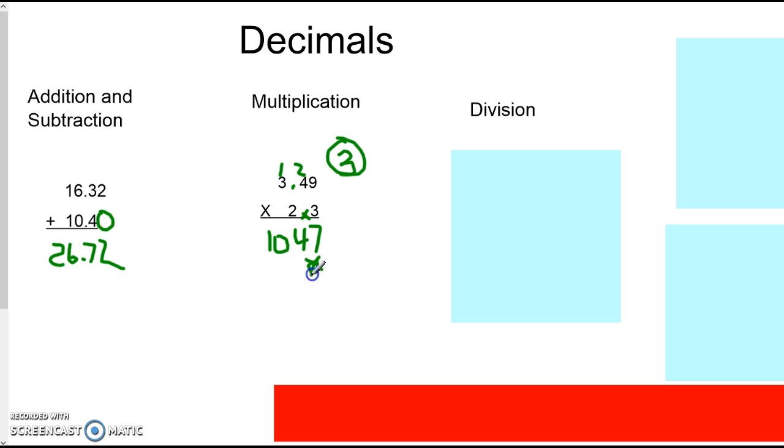I like putting X's here. I know you guys put zeros, but that's fine. Whatever you need to do, remember to put your placeholder. Hopefully your work looks a little bit neater than mine because this pen is not working very well for me. And I can add them up here.